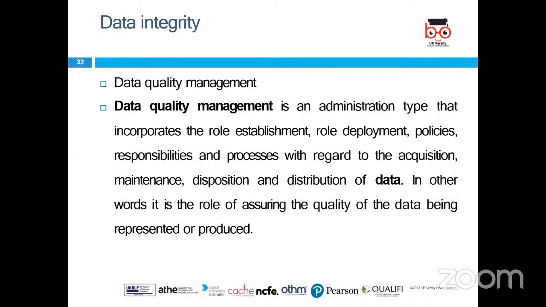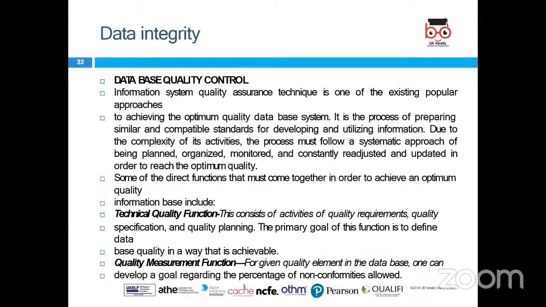Then there is data quality management, which is an administration type that incorporates rule establishment, rule deployment, policies, responsibilities and processes with regard to the acquisition of data. Then we have to look into data integrity. By data integrity we simply mean protecting the quality of our data.